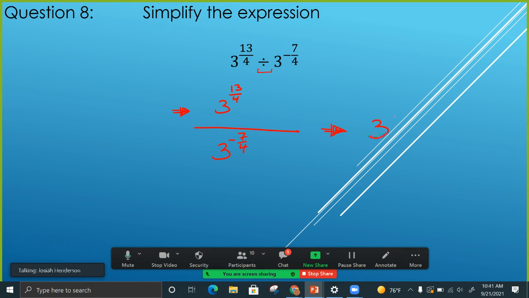So 3 to the top exponent minus the bottom exponent. Now, this is a little tricky. It's minus the bottom. The bottom is already negative. So I'm going to make sure I keep track of that here with the parentheses. So I've got the top minus the bottom, and the bottom is negative, so it's got the double negative going on.